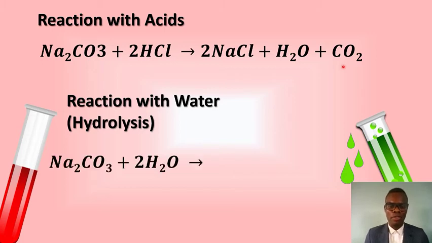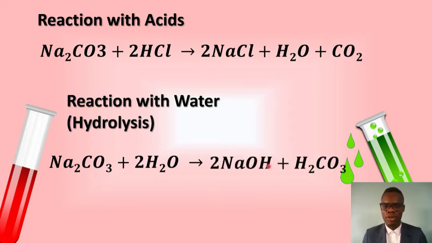So you have, for instance, sodium trioxocarbonate 4 dissolved in water will produce two types of substances, sodium hydroxide and H2CO3. Now, these when dissolved in water, they hydrolyze to give either an acidic or a basic solution.